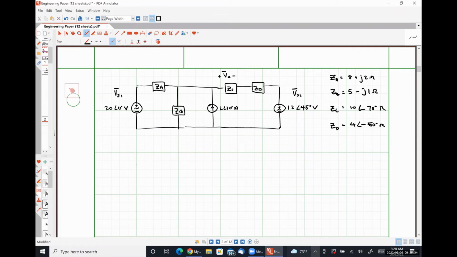So that means we're going to be looking at this, leaving behind an open circuit set of terminals where impedance ZC used to be connected.